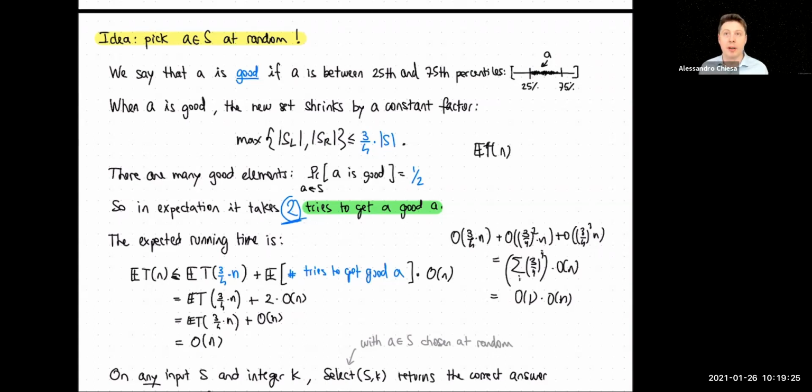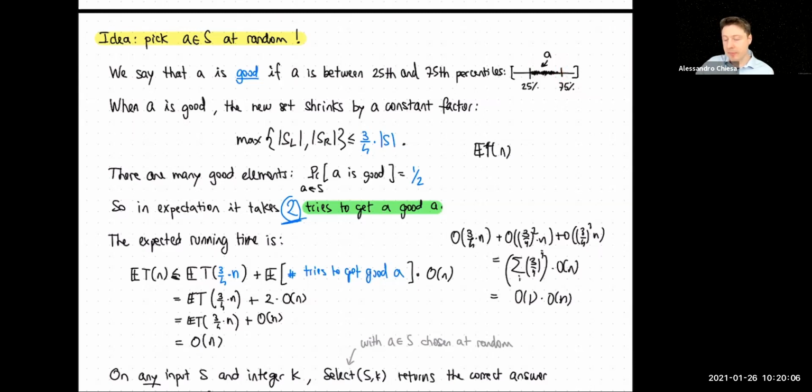There is an expected value of number of tries to get a good A. I didn't unroll 2 recursions, because when I sample A, I haven't recursed yet. Before I recurse, I want to make sure my A is good. And I can check that, because all I need to do is make sure that if I compare A against all the other elements, it will have at least 25% of them below and at least 75% of them above.